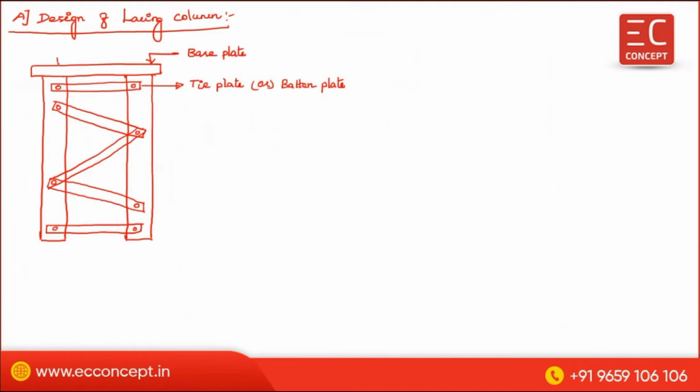This is the lacing axis, the longitudinal axis of the component. This lacing system makes an angle of theta with respect to vertical. So this also is theta with respect to vertical.